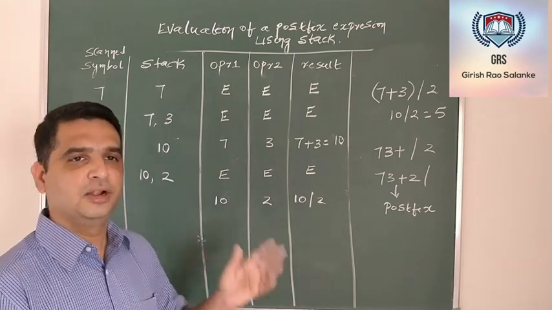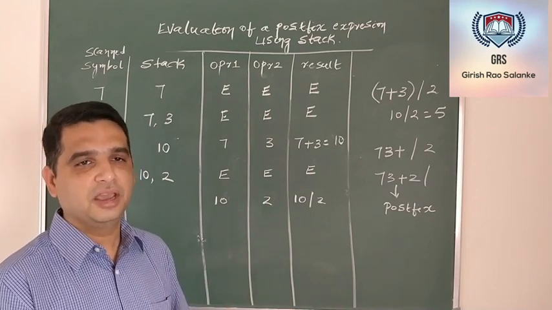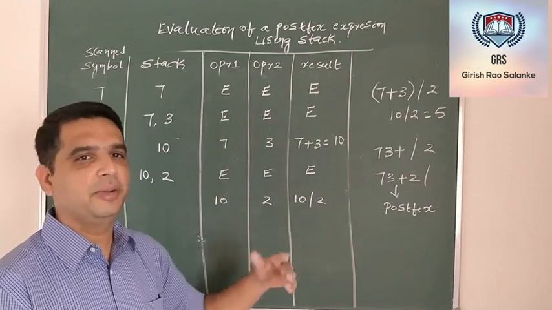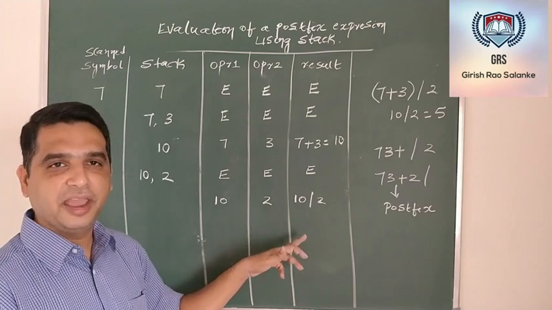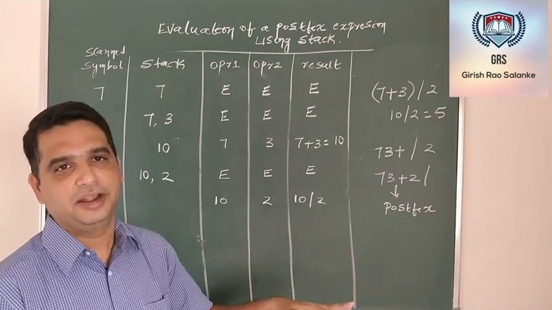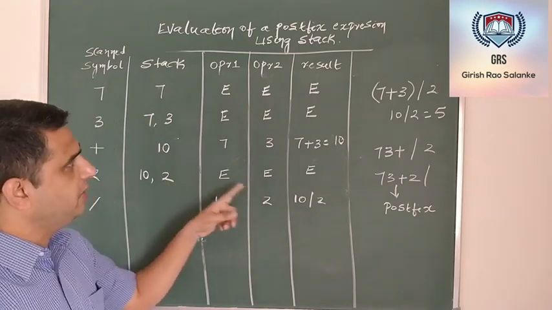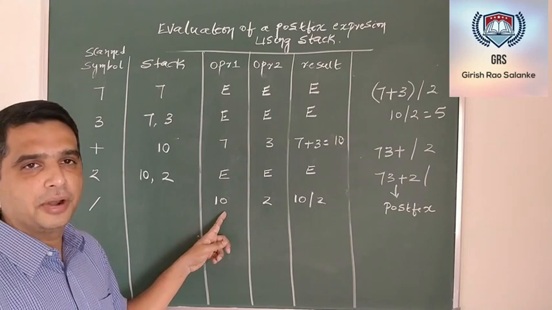Even in the case of addition, 2 plus 10 is also 12. But in the case of division, 10 divided by 2 is 5 and 2 divided by 10 is a different value, 0.2. Similarly 10 minus 2 is 8, 2 minus 10 is minus 8. So note that whenever you are popping, the first popped element should always be assigned to operand 2 and the second popped element should always be assigned to operand 1.